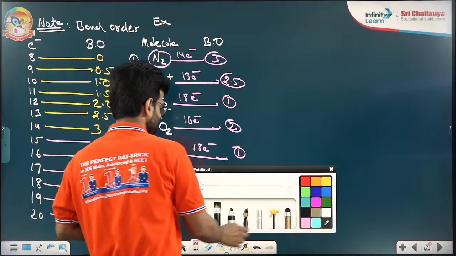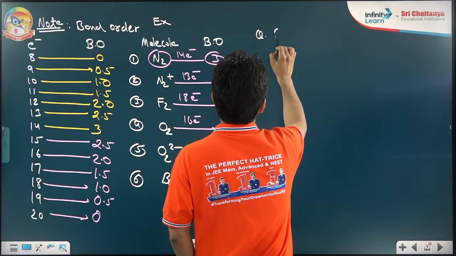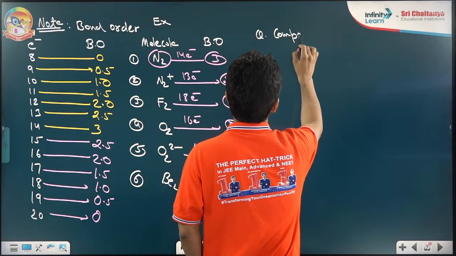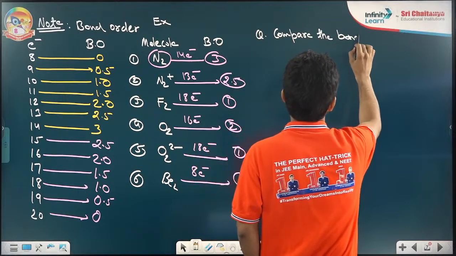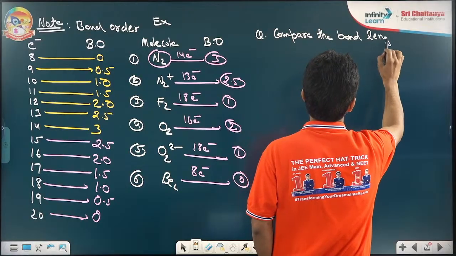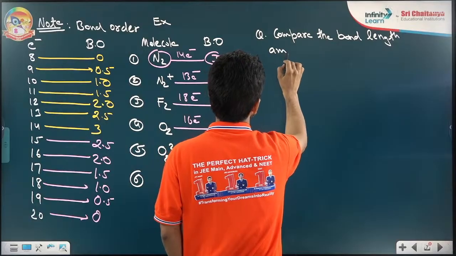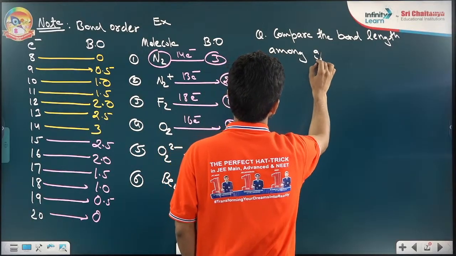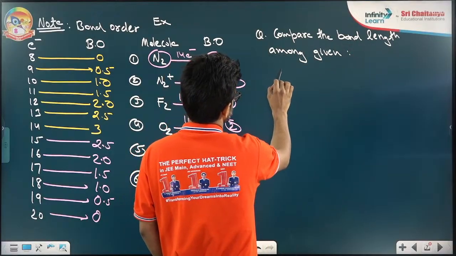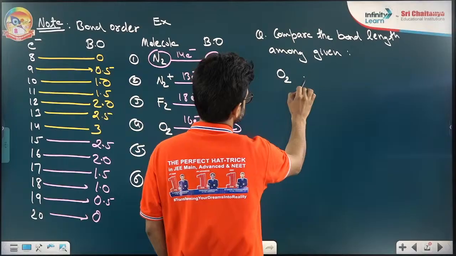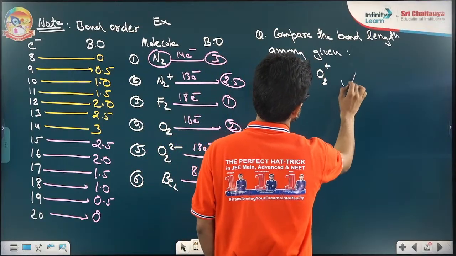Fine? Now I am asking: compare the bond length among the given molecules or ions. Imagine that I have O2 here, this is your O2 plus and this is your O2 minus.